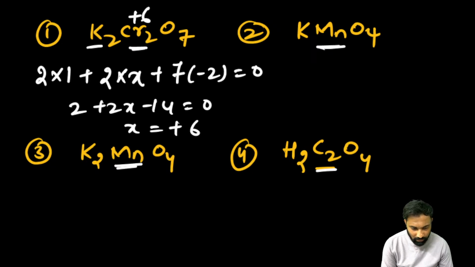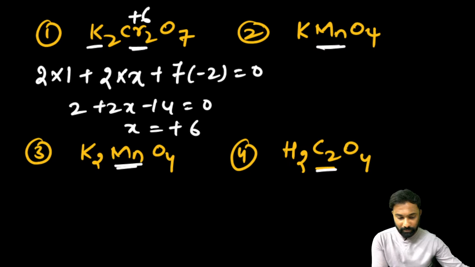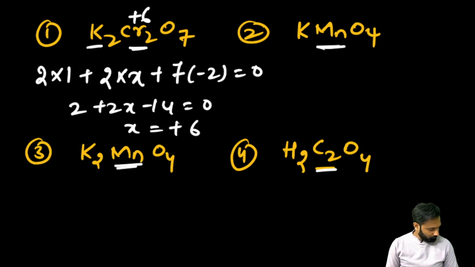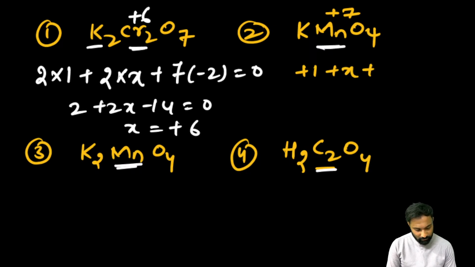Arav, whatever doubt you are having, you can ask, no problem. Now in the second case, the Mn oxidation number is plus 7. Now this is plus 1 plus x plus minus 2 is equal to 0. Now x is equal to minus 7 on the left, and if you send it to the right hand side, it will become plus 7.